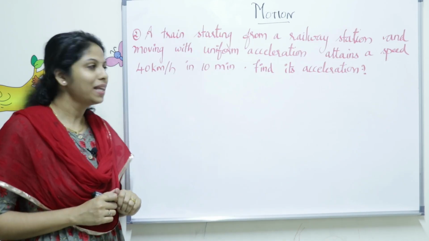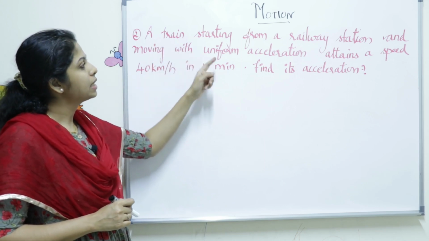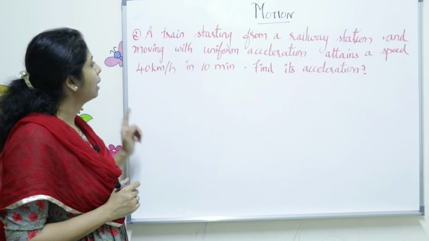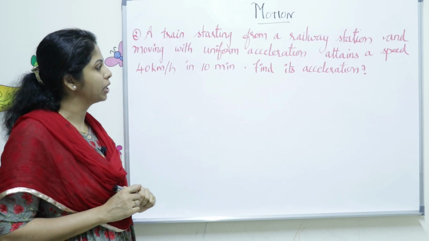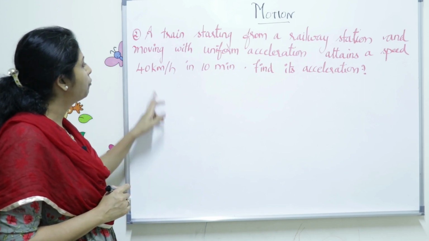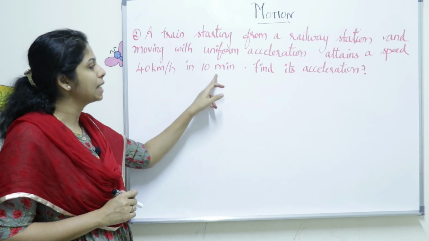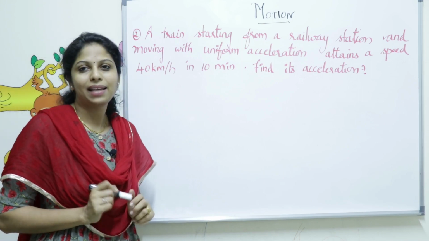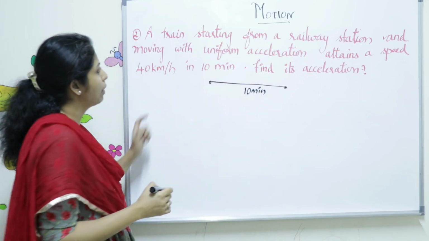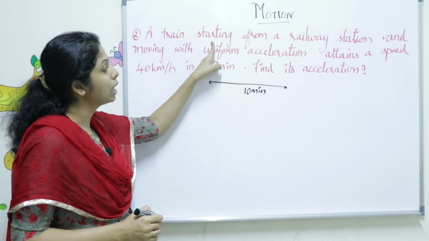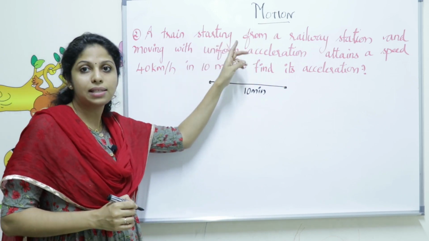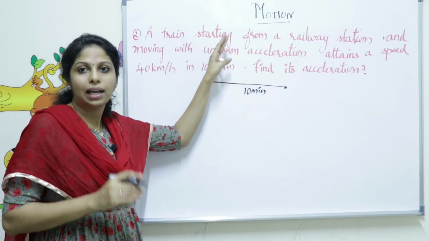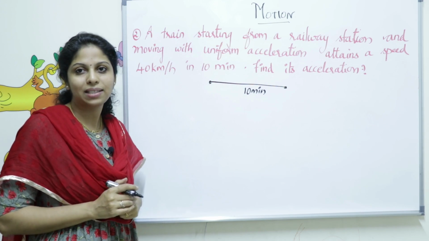Our next problem is: a train starting from a railway station and moving with uniform acceleration attains a speed of 40 km per hour in 10 minutes. Find its acceleration. So, what they have given: the train is starting from a railway station. Since the train is just starting at the railway station, it definitely would have been at rest, right?